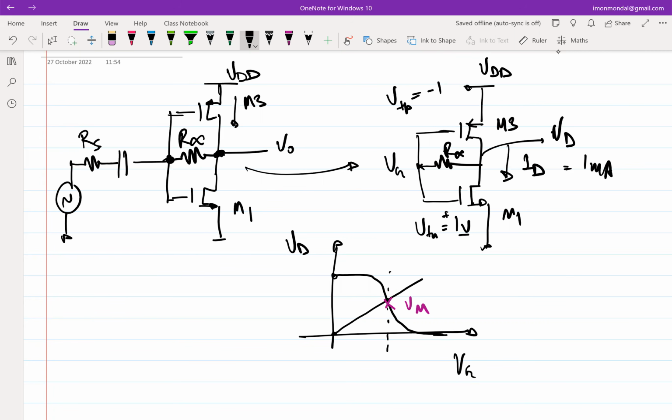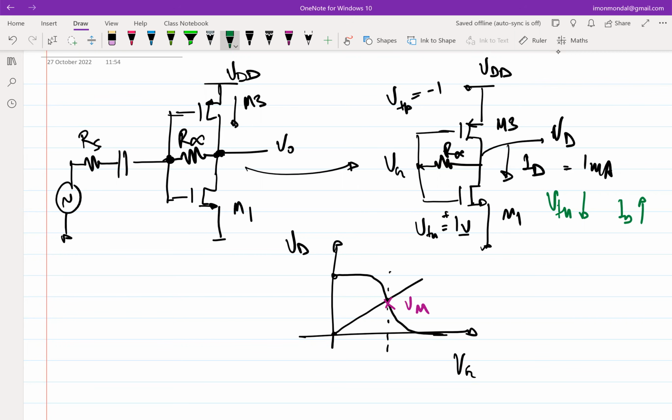Now the voltage is being set by the relative strength of M1 and M3, not by a separate current source or a separate voltage source. So if VTH drops, this ID will increase. This is like a classic voltage bias circuit.